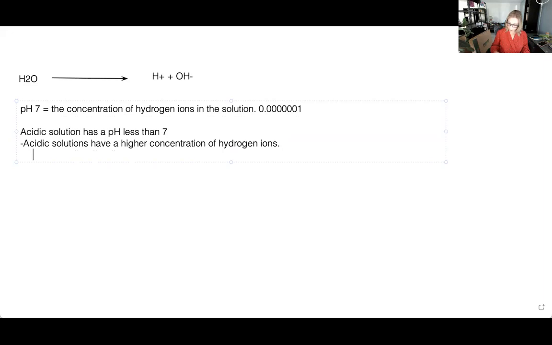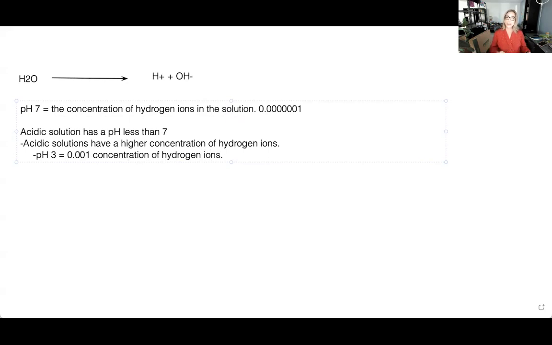If I have, let's say, pH 3, this is acidic. pH 3 equals a 0.001 concentration of hydrogen ions.